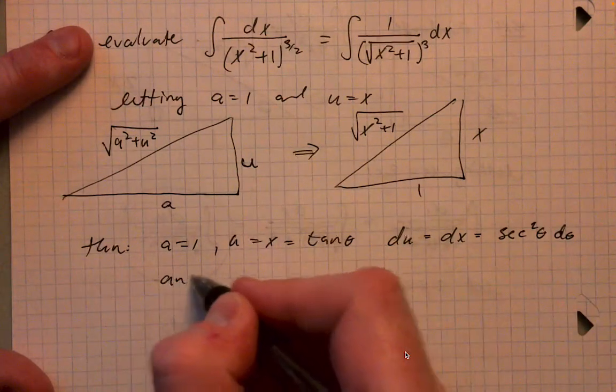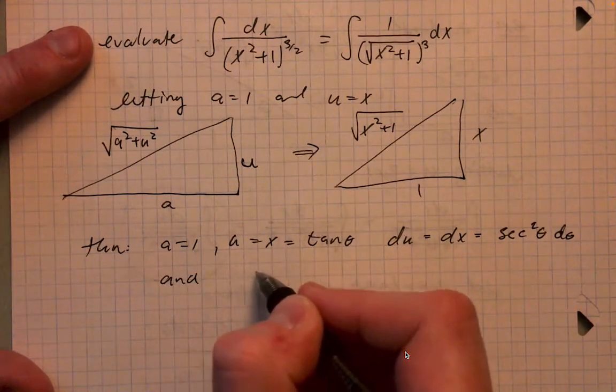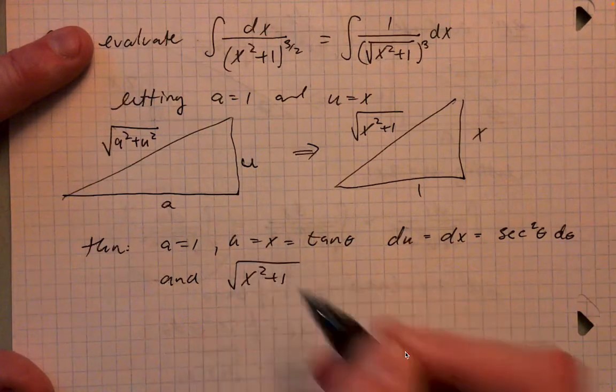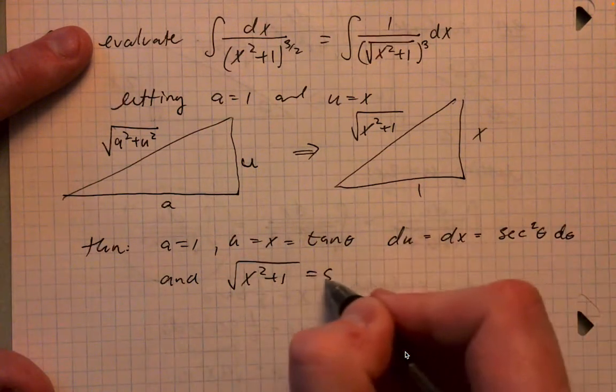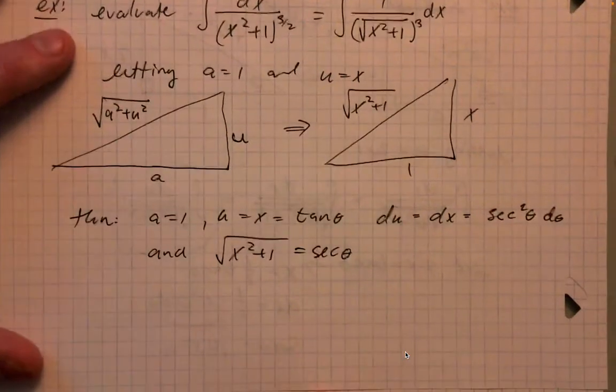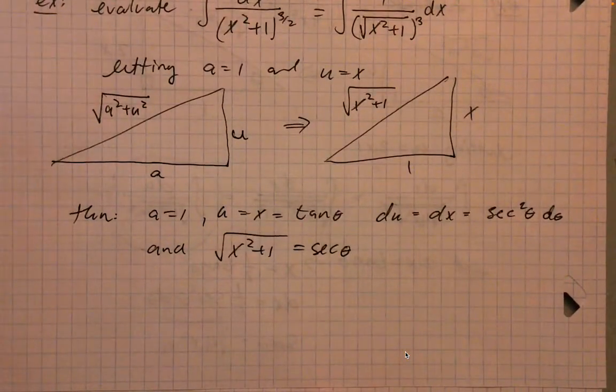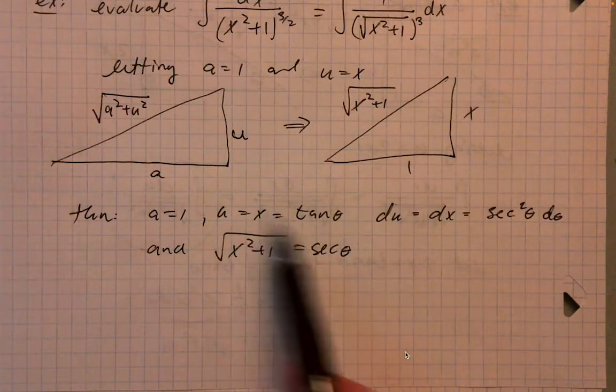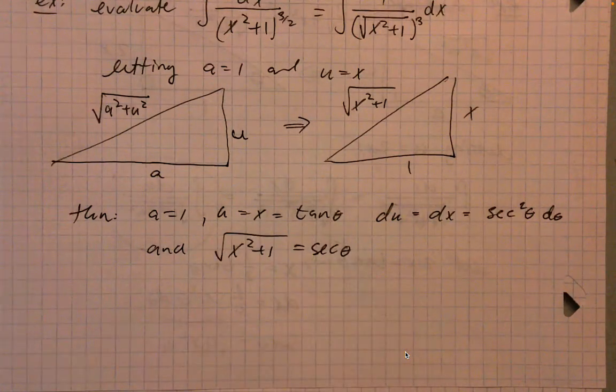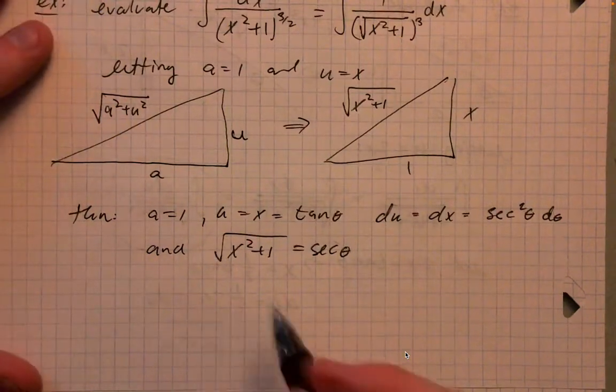And then that leaves, of course, the square root of x squared plus 1 part as secant theta. Okay, so we kind of did this ahead of time, right? We sort of worked out what happens with this substitution. Well, it produces a secant. All right, so then we can plug everything in here.